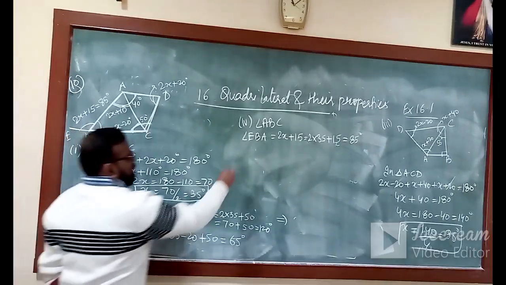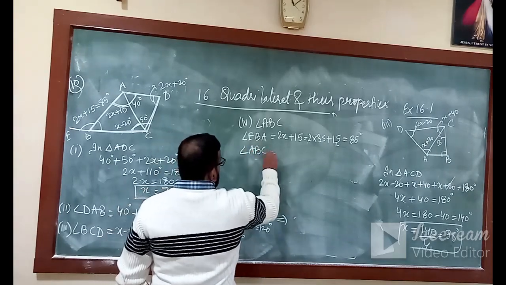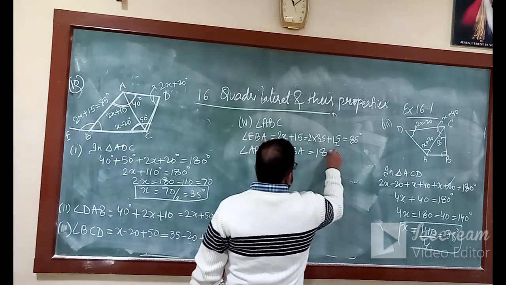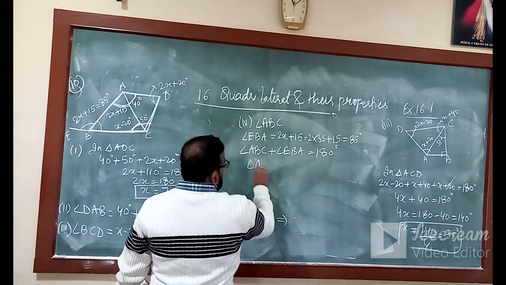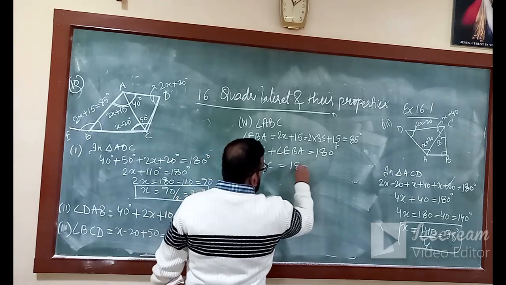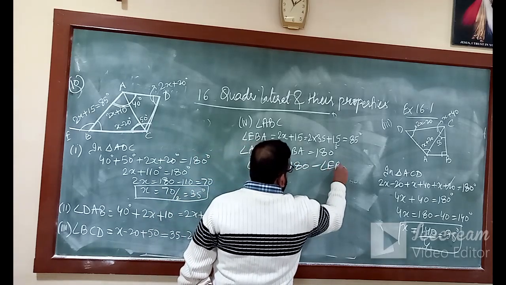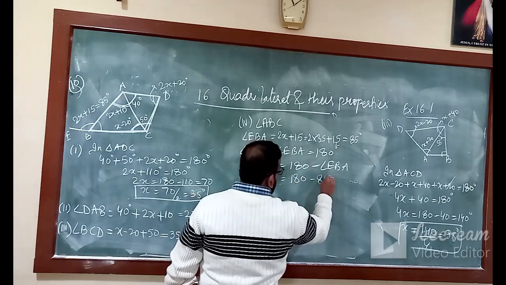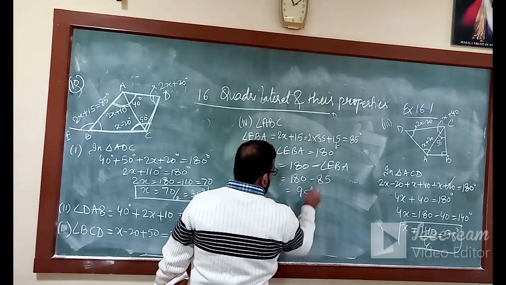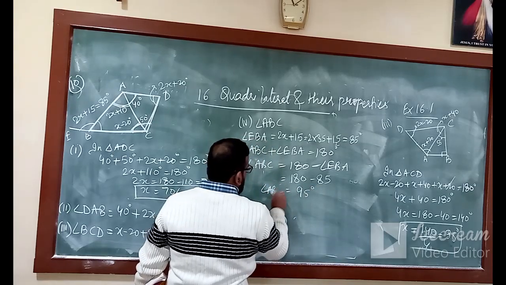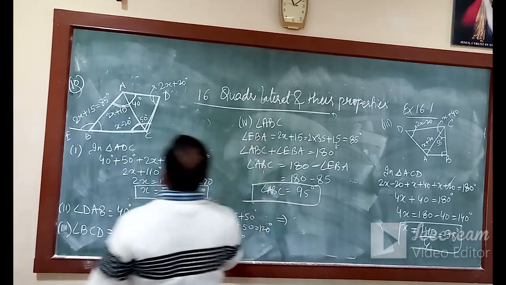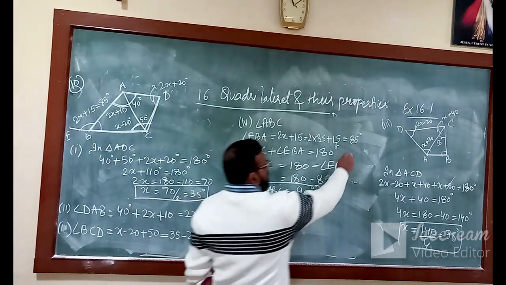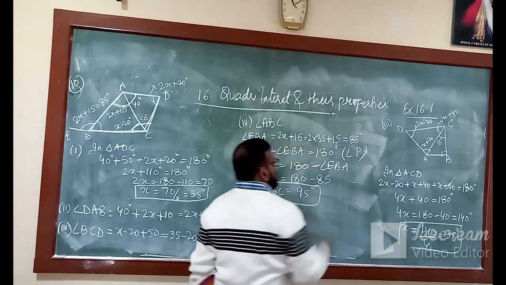Now what is angle ABC? Angle ABC plus angle EBA is equal to 180 degree. So angle ABC becomes 180 minus angle EBA, and EBA we just found, so 180 minus 85, that is 95 degrees. So this is the value of angle ABC. Linear pair again we have used.